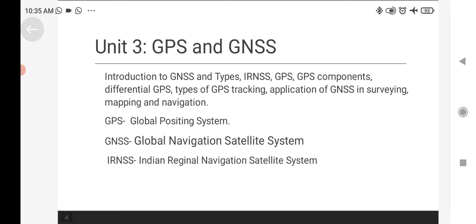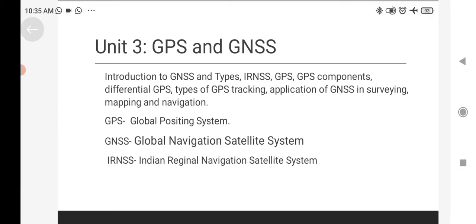The third unit is GPS and GNSS. GPS is the Global Positioning System, GNSS is the Global Navigation Satellite System. In this topic, we will learn the introduction to GNSS and its types, that is GNSS, the Global Navigation Satellite System, as well as IRNSS, the Indian Regional Navigation Satellite System.